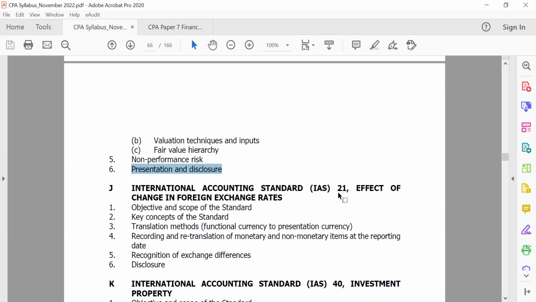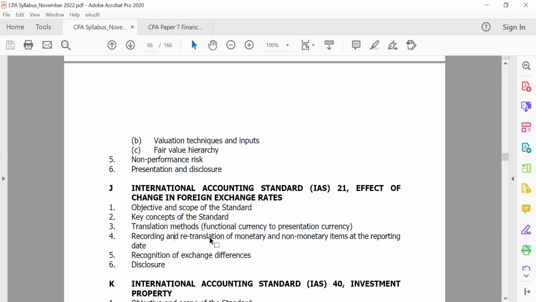Then IAS 21, effects of changes in foreign exchange rates. This also takes into consideration that the entities we support on reporting might be either subsidiaries of international entities, or they may also be dealing in transactions that are in foreign exchange.